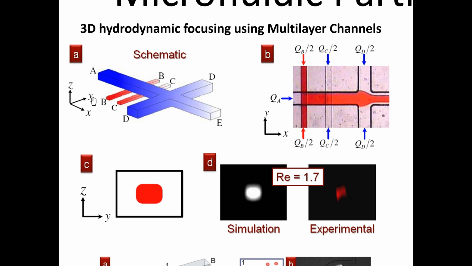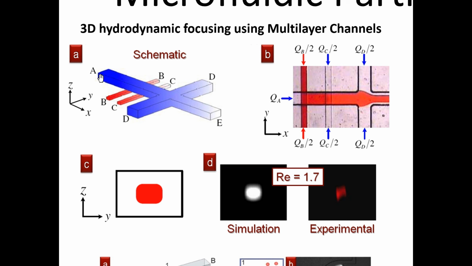So when we have flow coming in on A and then B and C like this, what will happen is that A will be pushed to the top of the channel because B and C are coming in below it. This is going to be laminar flow in the Z direction. B and C are going to be coming in from the bottom and intersecting with A. And C is also going to do the same.